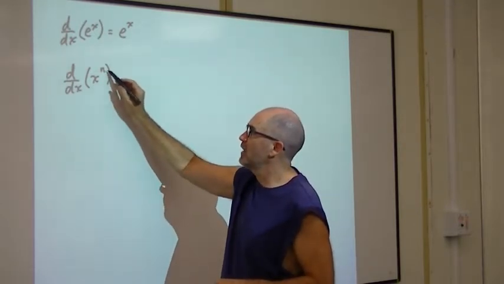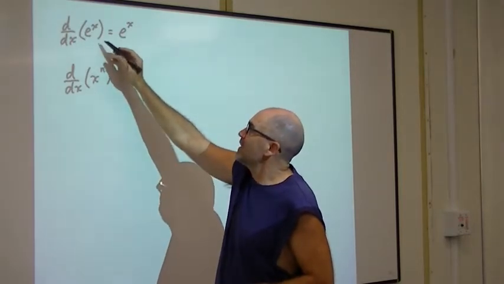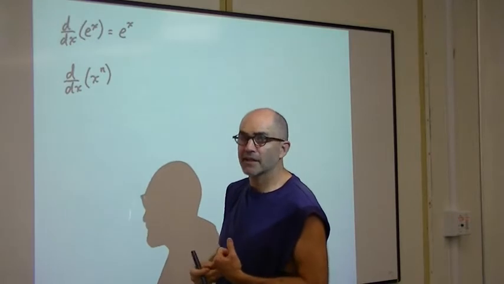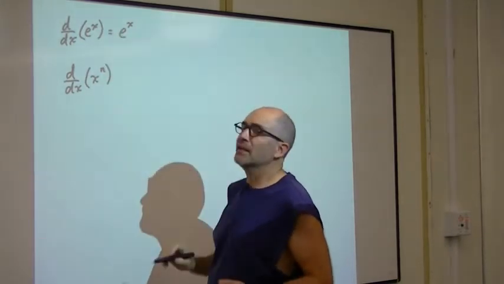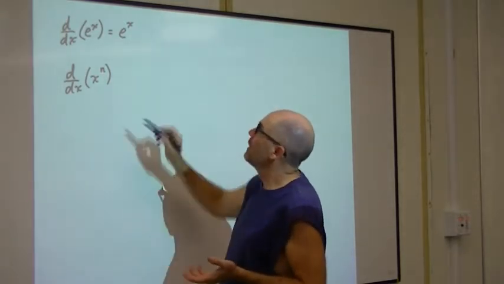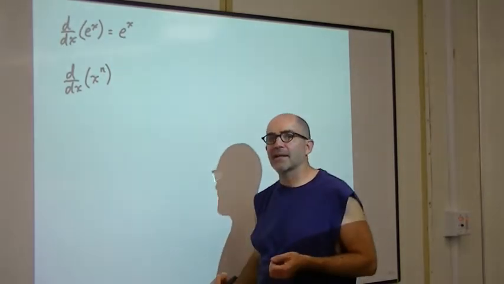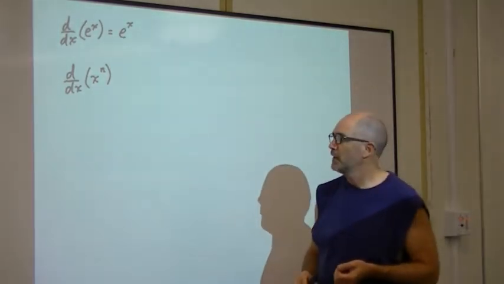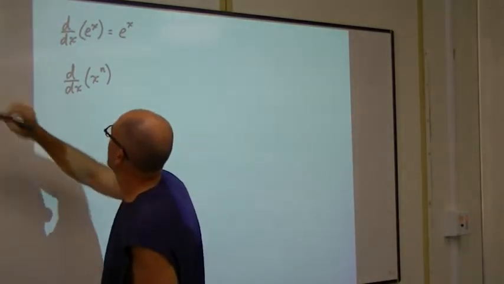Variable base, constant exponent. Well, e to the x is not a variable base. It's a constant base. E is a constant. And the exponent is not a constant. It's a variable, x. So the derivative of e to the x is e to the x. It's almost like magic. So now we can go back to that problem that I just told you about.